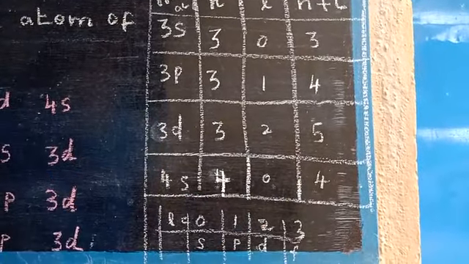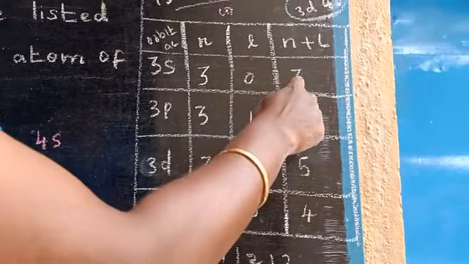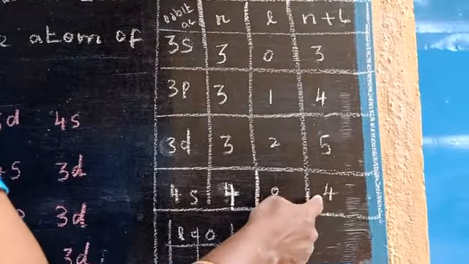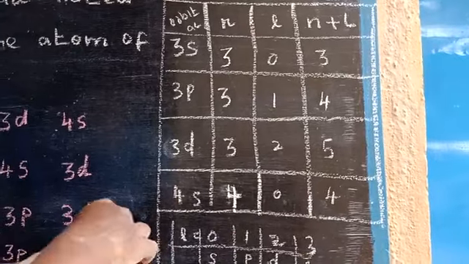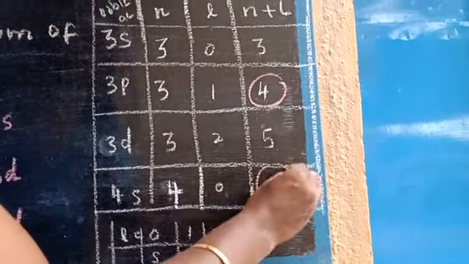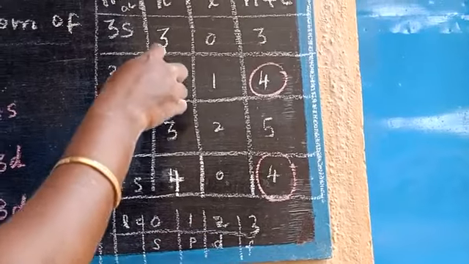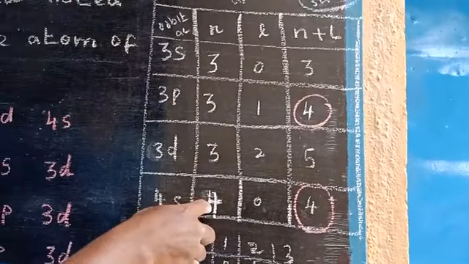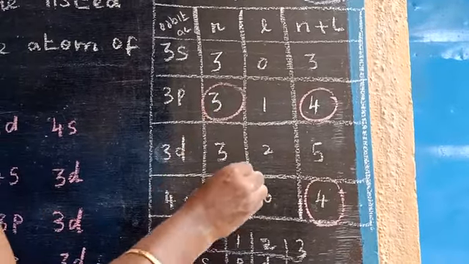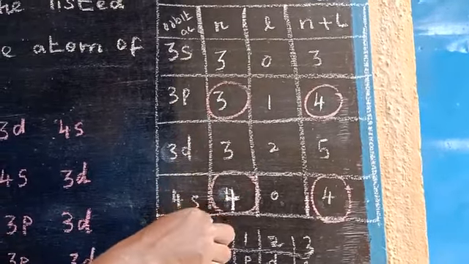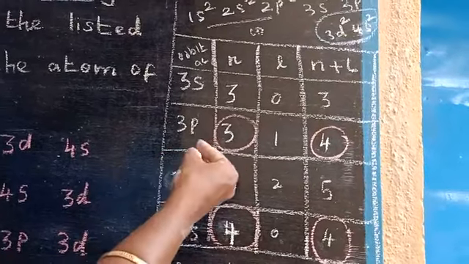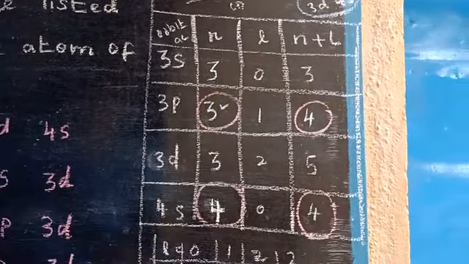So now write in the order. First we write 3, then 4, and here also 4. Both are the same. Now we want to see the principal quantum number. Here number 3, here number 4. Which one has the lowest n value? Write it first. So 3 is the lowest value, so write it first.